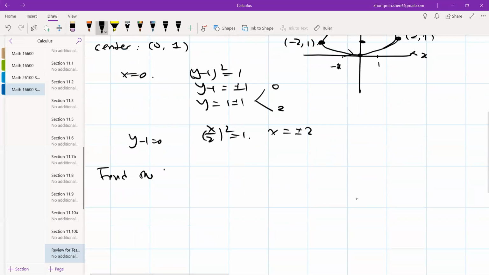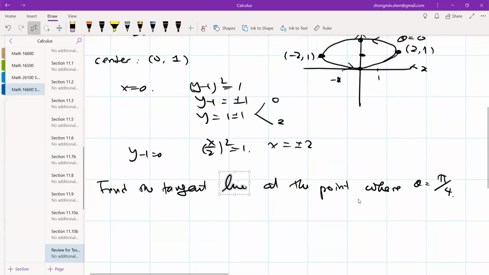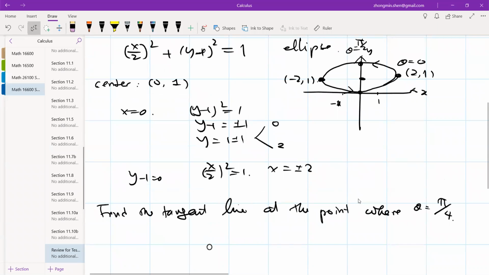Now, my next question related to this is to find the tangent line at the point of the curve where theta equals pi over 4, for example. So theta equals pi over 4 is somewhere here, and you're going to find the tangent line.